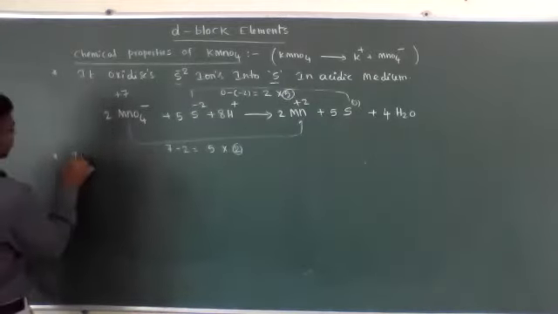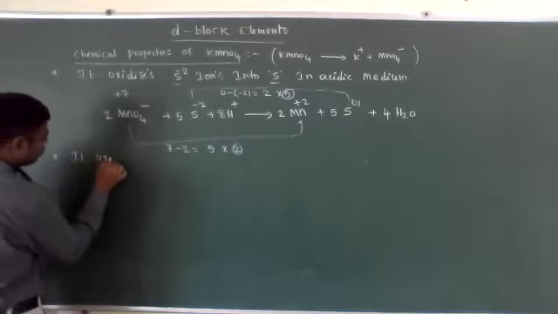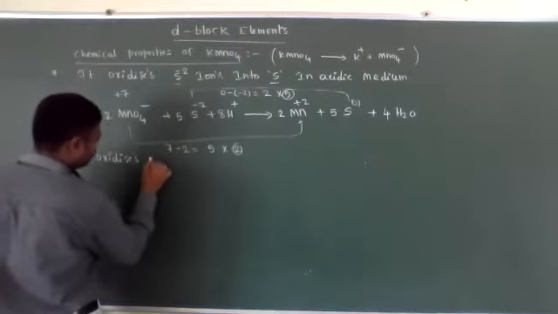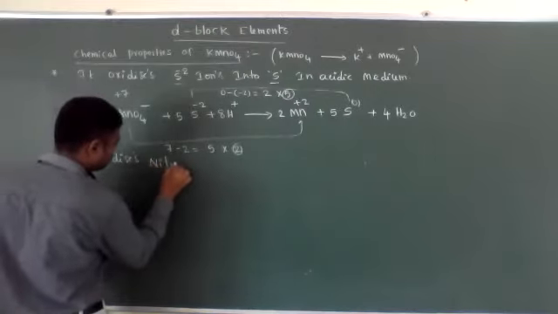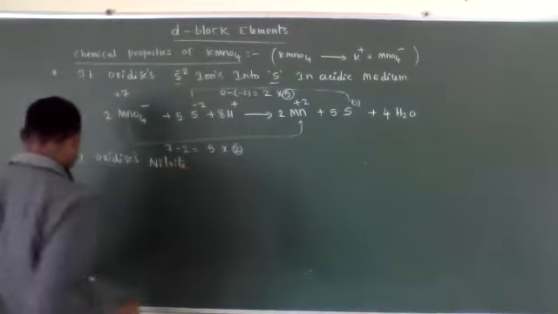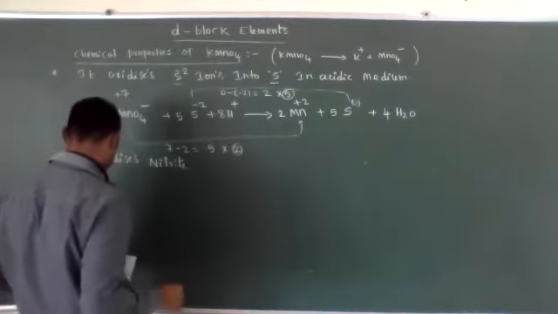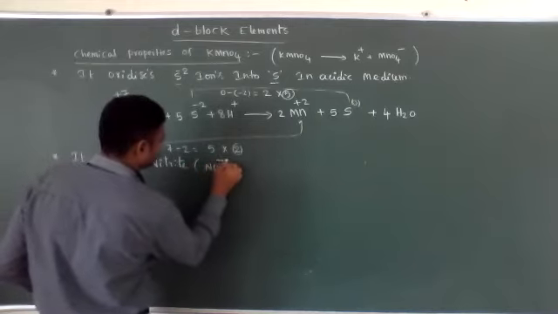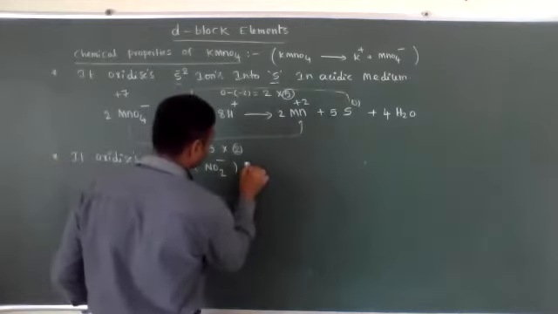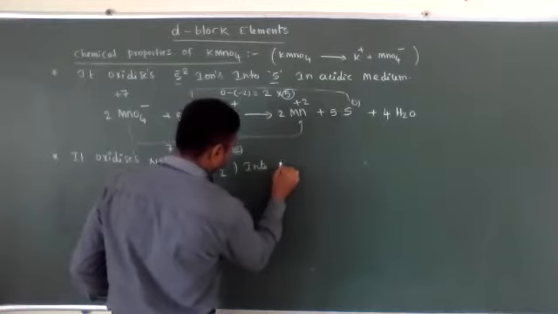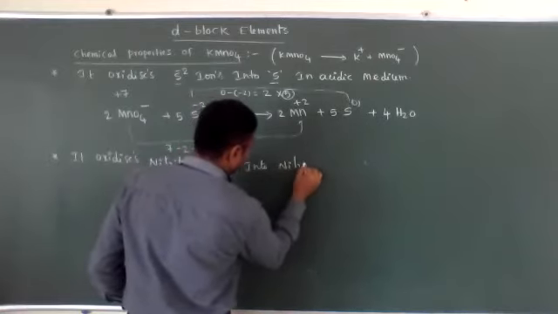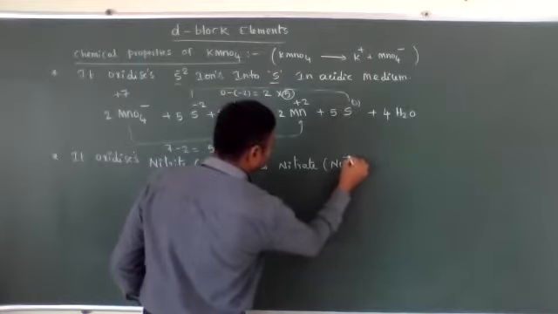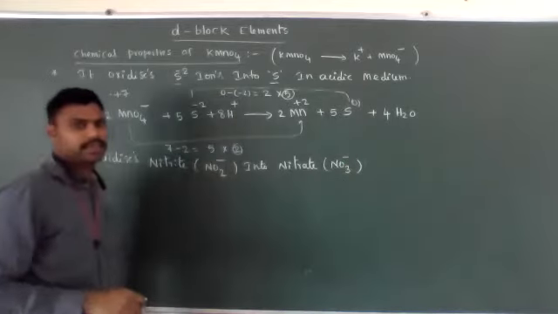It oxidizes nitrite, formula NO2 minus, nitrite ions into nitrate. What is the formula of nitrate? NO3 minus, nitrate ion.